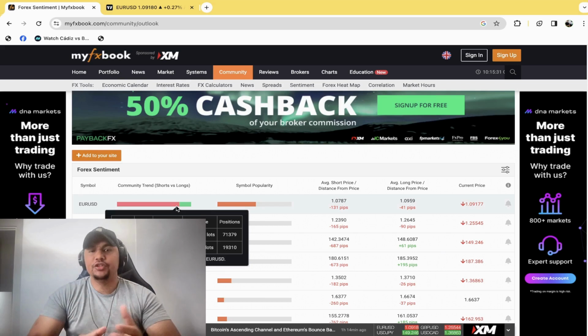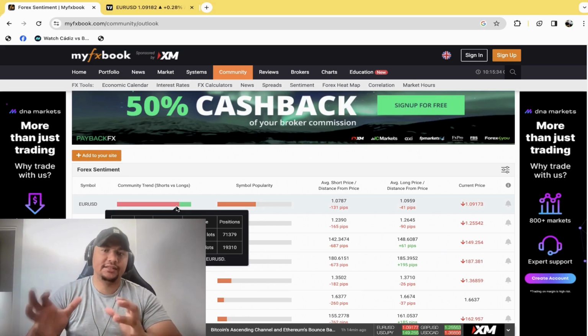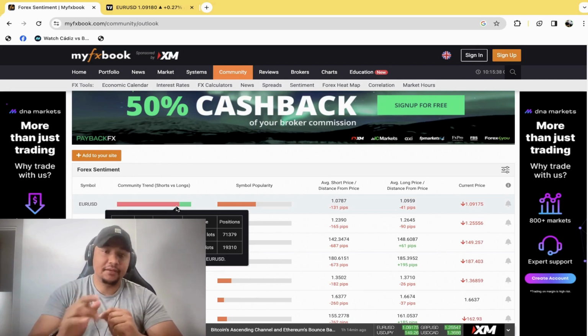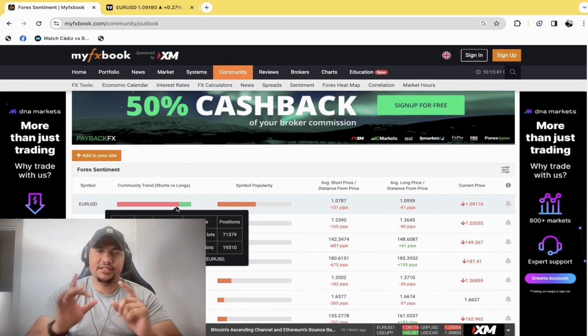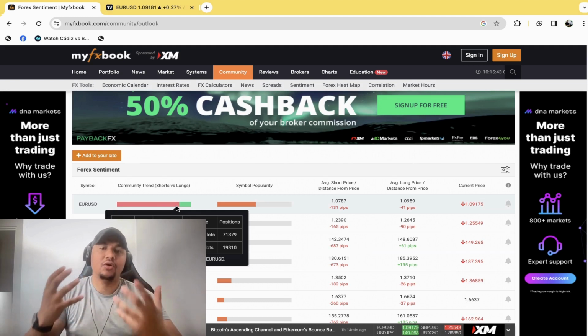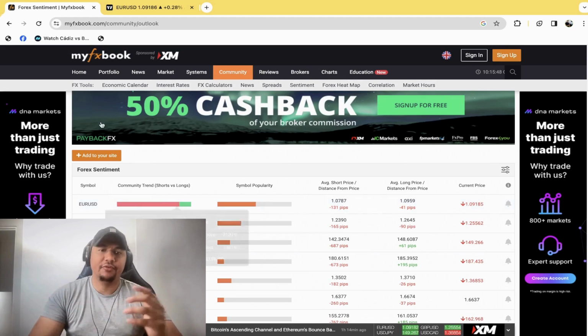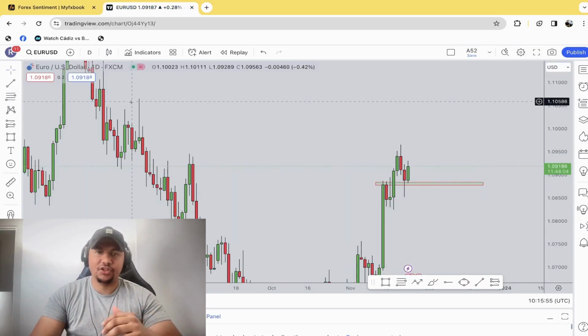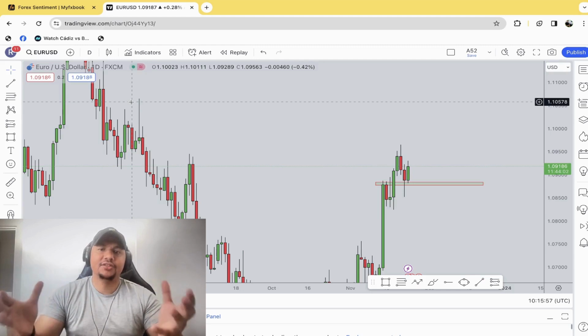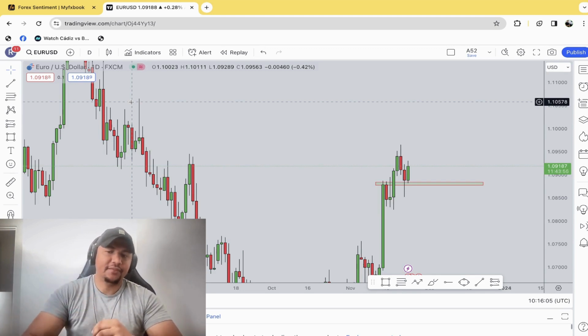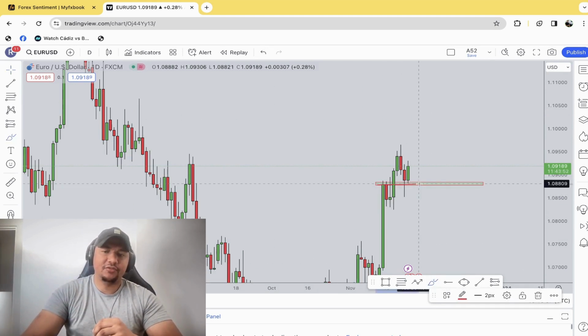Now if you take this information and line it up with the technical and the order flow and the fundamental data: Euro USD is expected by retail traders to go weaker. Now, if you look at the fundamental information that revolves around the dollar index, the Fed is less likely to raise the interest rates. Therefore, we expect the dollar index to weaken. Apart from that, from a technical perspective, we also have a market that is trading in bullish territory.